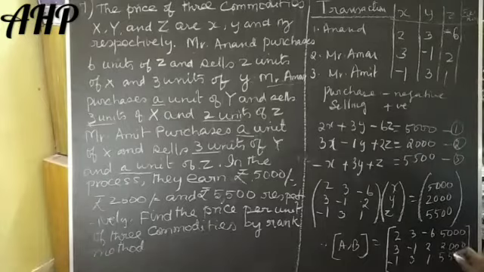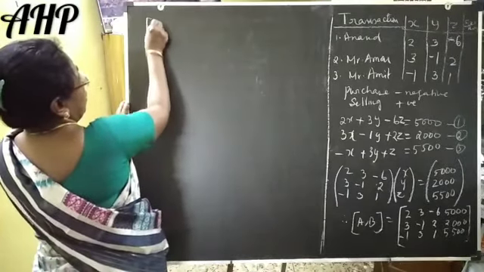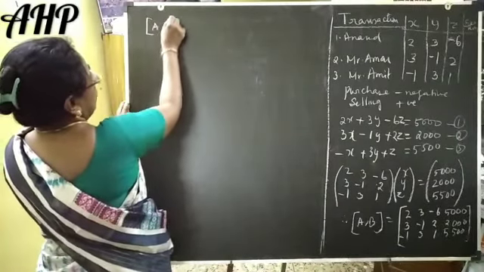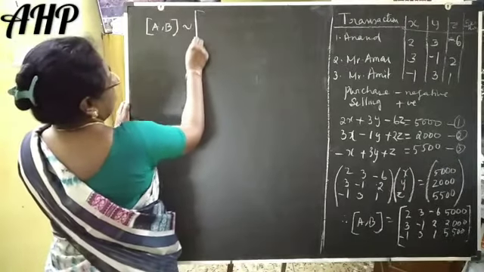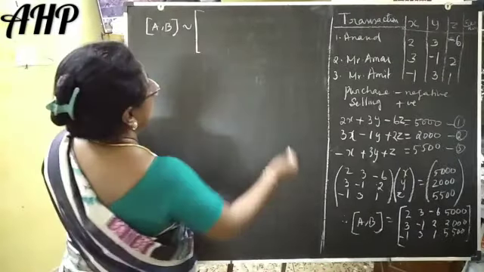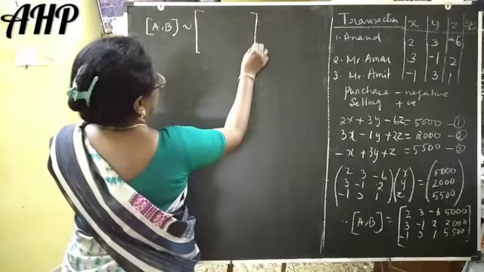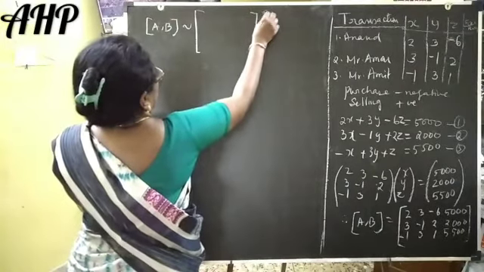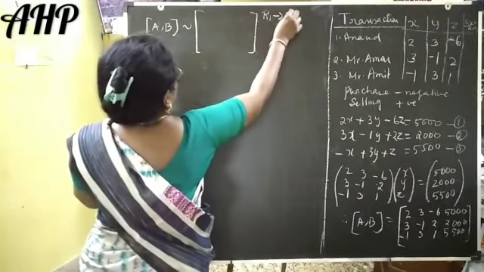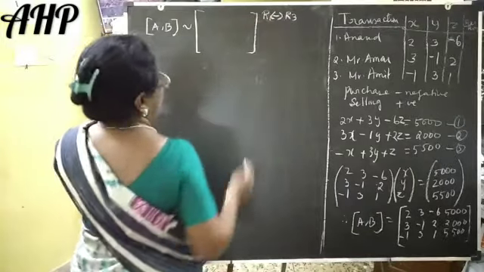Now we are going to make the augmented matrix AB equivalent to the following. R1 goes to R3 and R3 goes to R1.